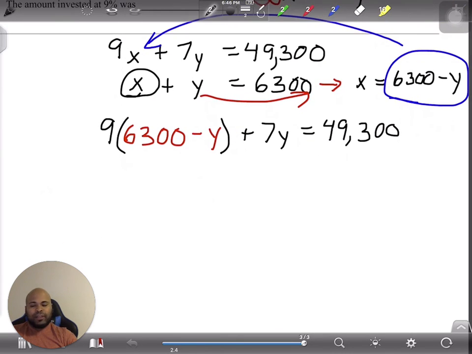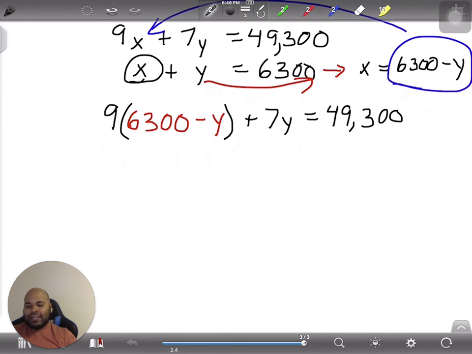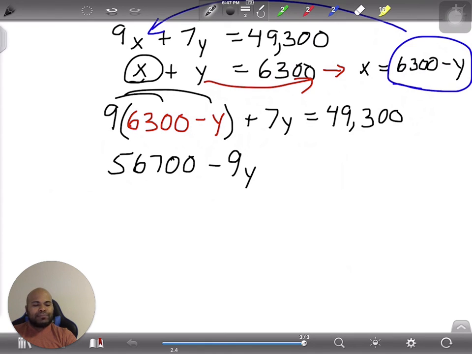Okay, now from here, again, I'm going to use my handy dandy calculator and multiply because I have to distribute 9. So 9 times 6,300, 9 times 63 is just 567. Add the two zeros at the end. Minus 9y plus 7y equals 49,300. Okay, and now I'm going to combine like terms.